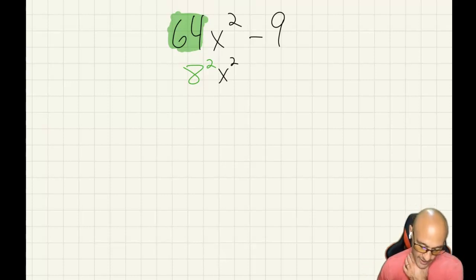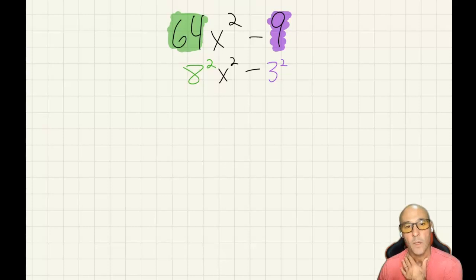So anytime we're squaring a number, particularly a whole number, it's a square. And then this 9, how could it be rewritten as a square? Three squared. All right.